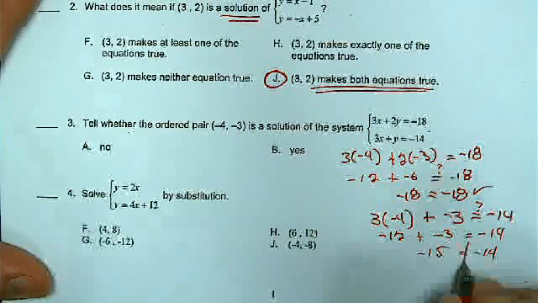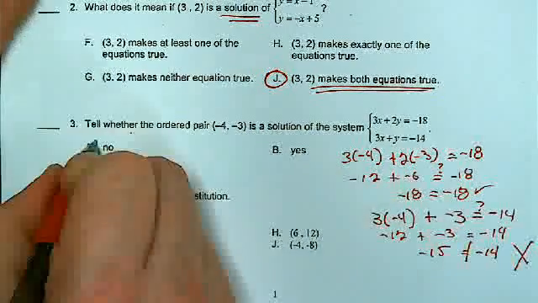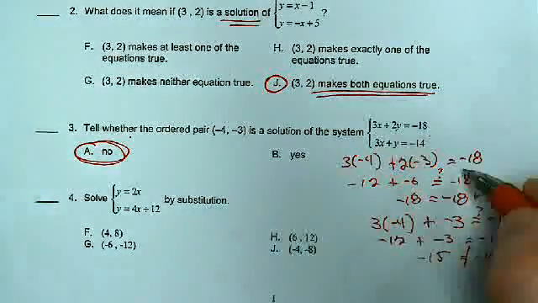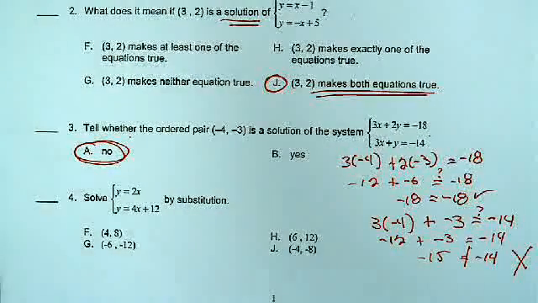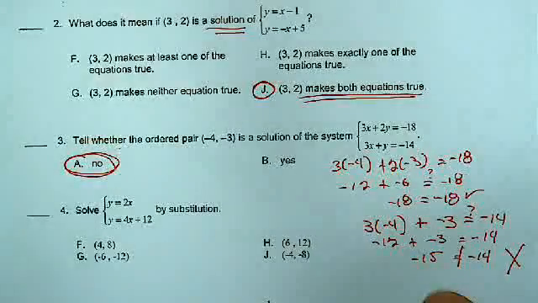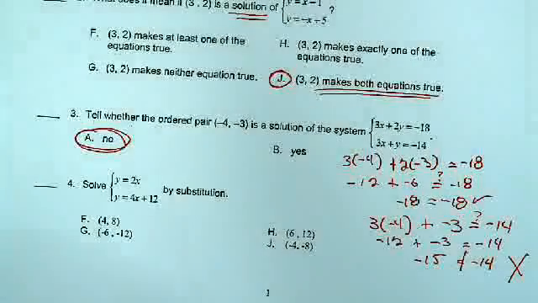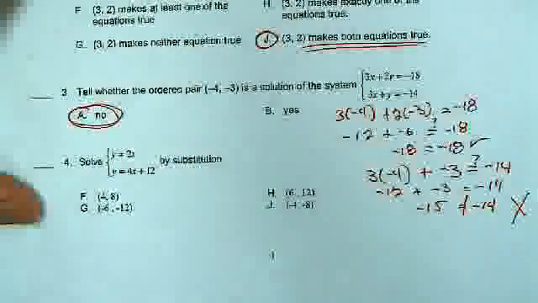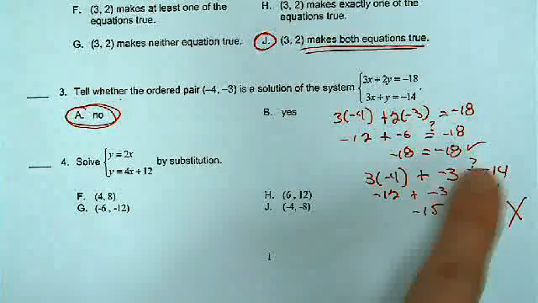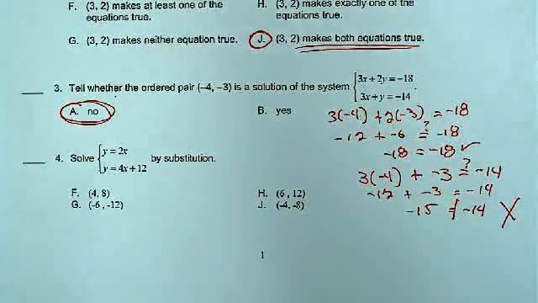Nope, not true. Therefore, it's not a solution. It has to make both equations true to be a solution. And this one does not deliver on that objective. So the answer will be no, because it doesn't make the second equation true. It works in the first, but not the second.